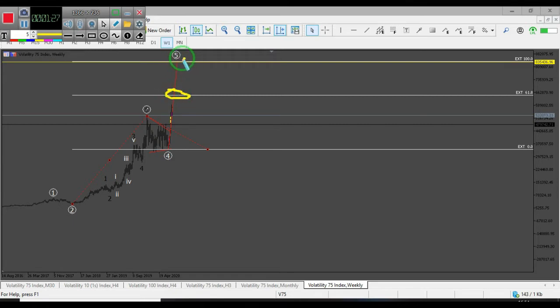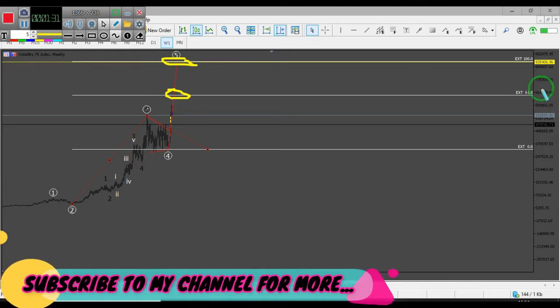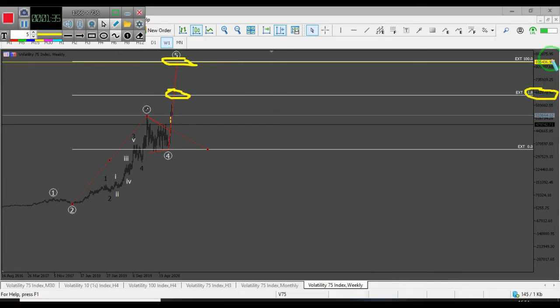And aggressive traders, this is where our last level will be, as you can see according to the numbers here. This is what we should expect on V75: 1, 2, 3, 4, and the last fifth move to the upside.